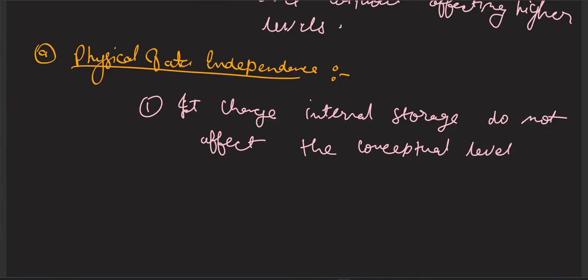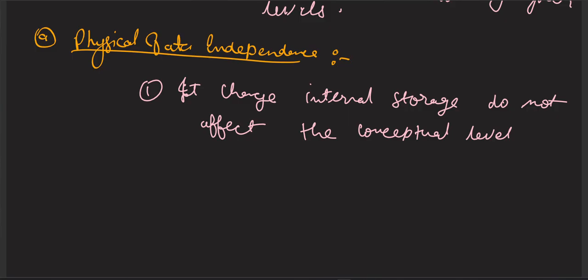For example, changing the indexing method from binary tree to hashing does not affect the logical schema. So this is called physical data independence.